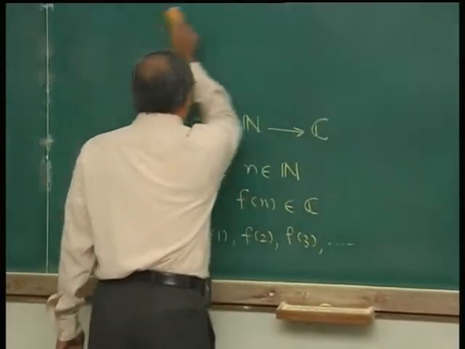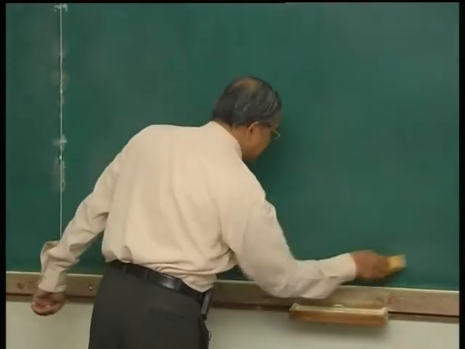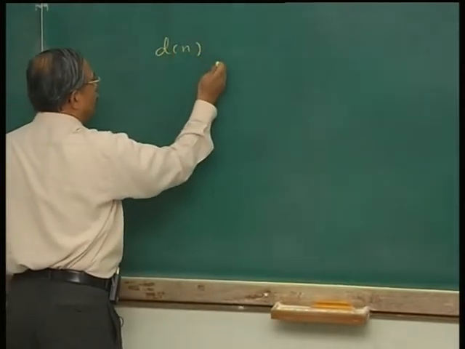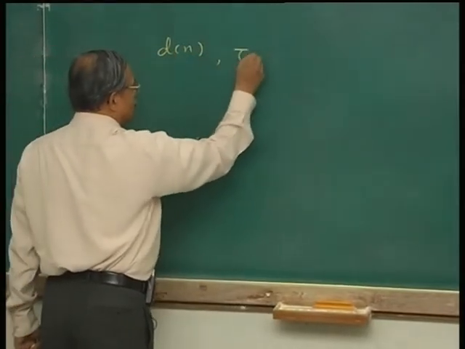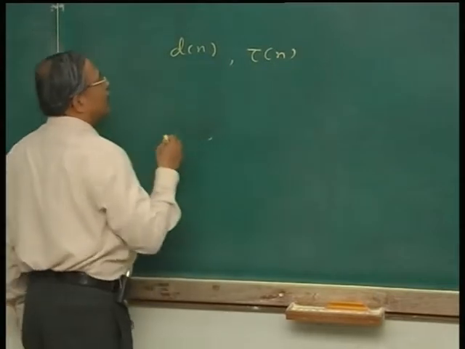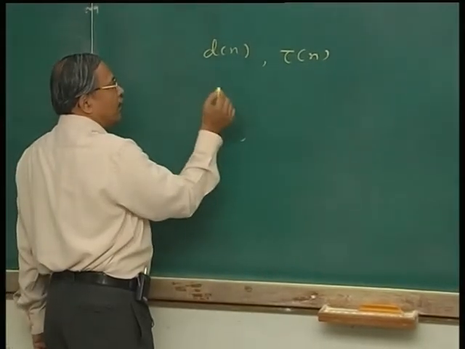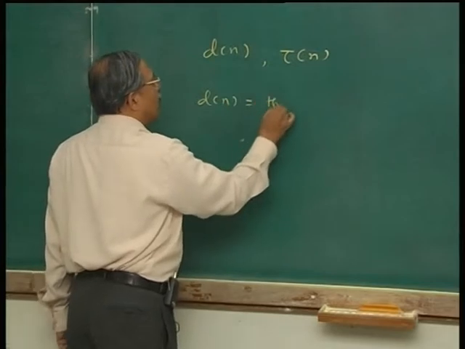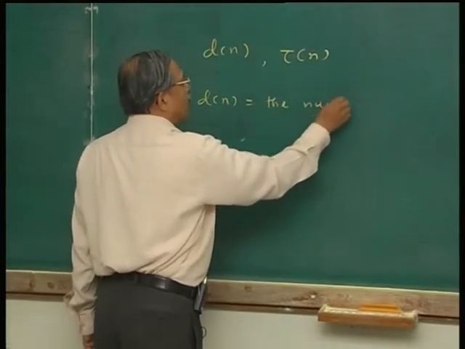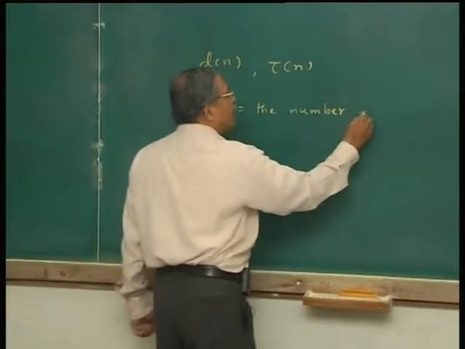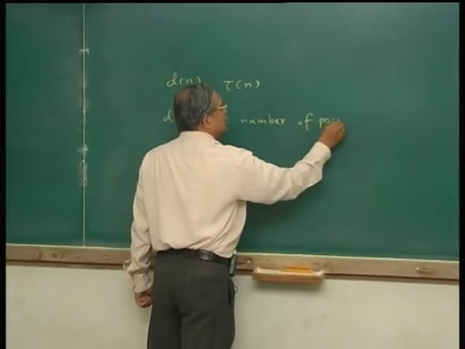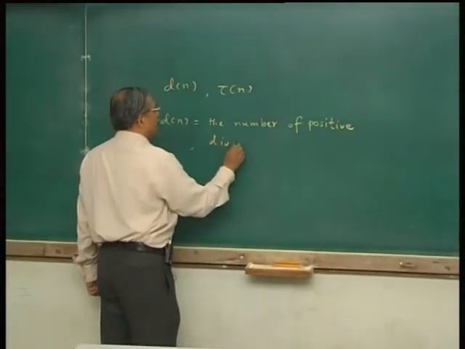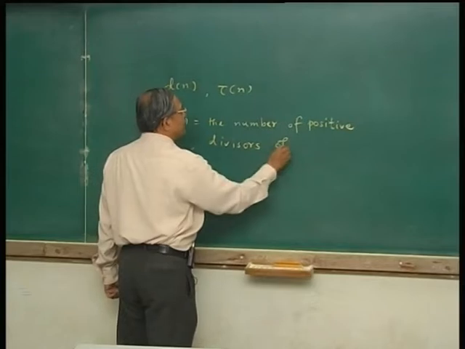One of the standard functions is the function d(n), or in some books it is denoted by tau of n. This is the number of divisors of n function. So d of n equal to the number of positive divisors of n.